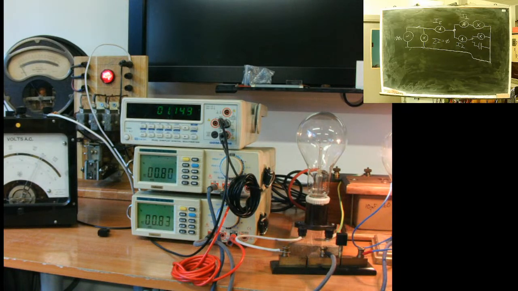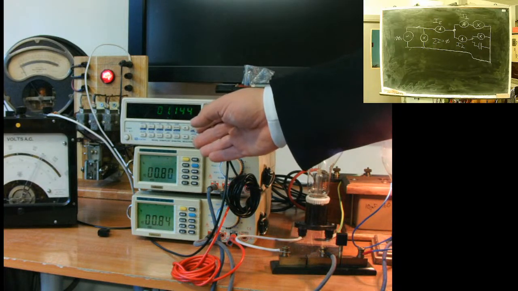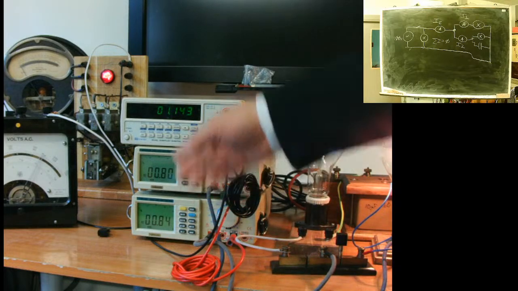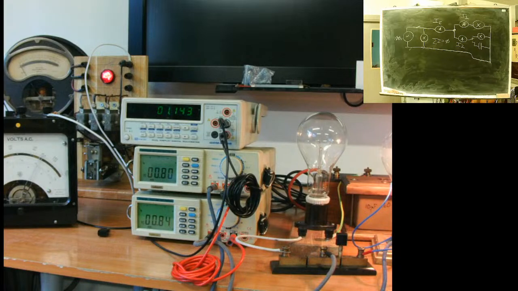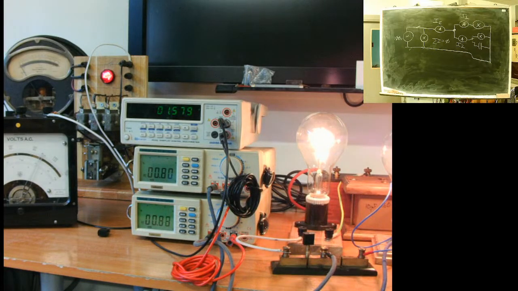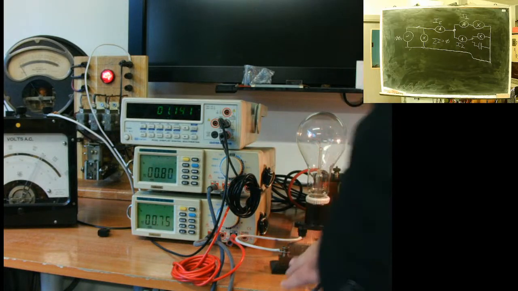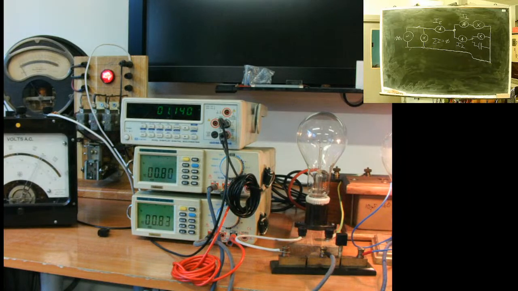I'm switching to the condenser, and we see 0.8, 0.8, but the sum is only 1.14. With the lamp, with the condenser.